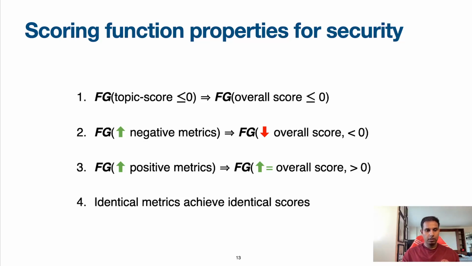Finally, the final property states that identical metrics achieve identical scores. This is trivially proved due to referential transparency provided in ACL2S by virtue of it being a functional programming language. So we got counterexamples for the first two properties in Ethereum. However, in the case of Filecoin, we observed that all the properties passed.